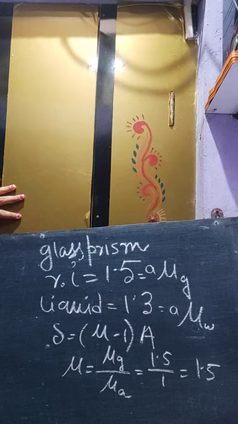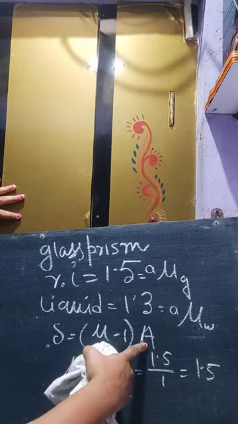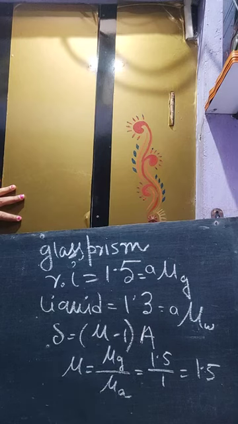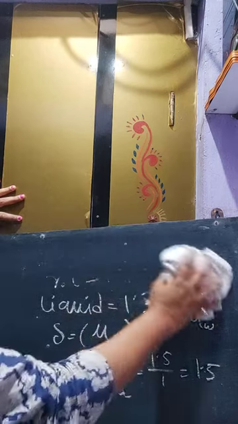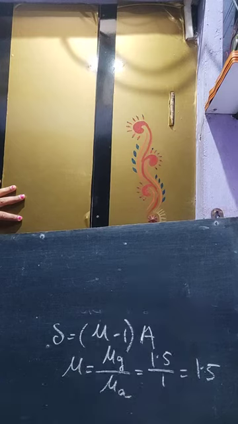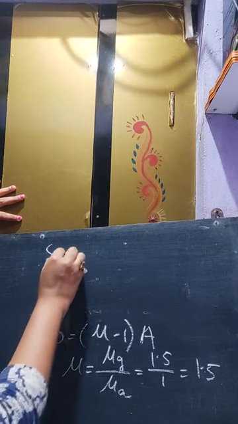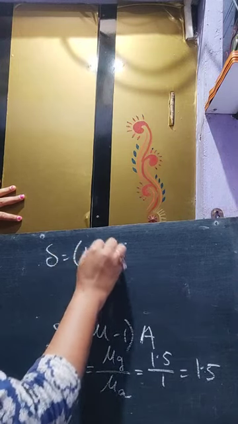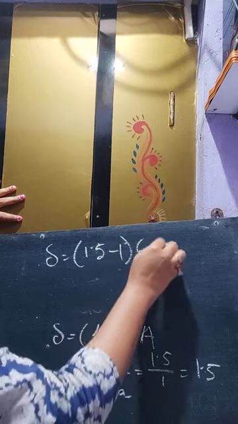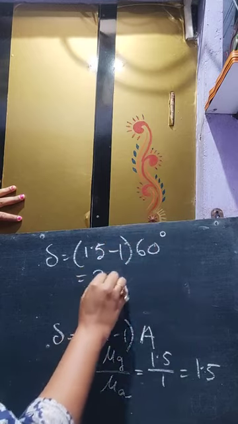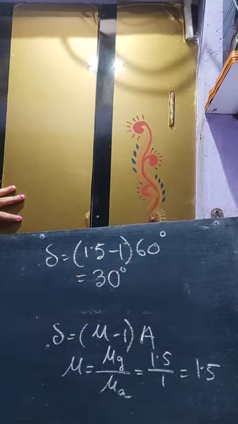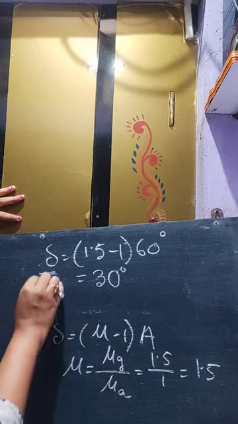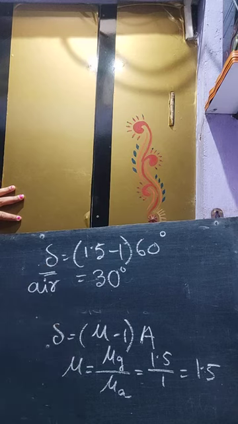Now for the prism, I am considering that the angle of the prism is 60 degrees, right? So therefore delta will be (1.5 minus 1) into 60 degrees, which is 30 degrees. So this is the deviation in air, right?